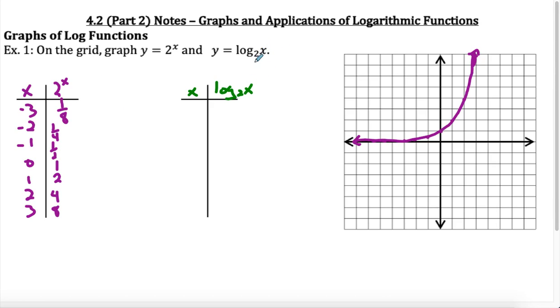So to graph this function, all I'm going to do is flip these x and y values. Since these functions are inverses, I can say that these points will all be on the graph of log base 2 of x.